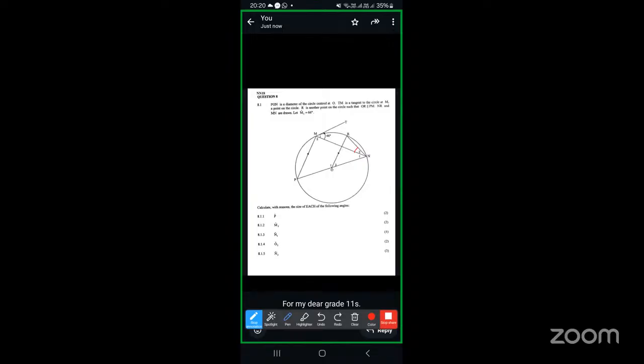And remember when we were attempting this question using that DRCPT, when we were on R, we said this is a radius. We said this is a radius. Therefore, this side is equal to this side. This is an isosceles triangle.